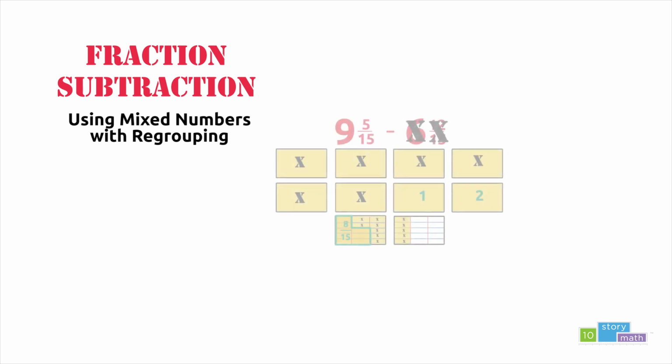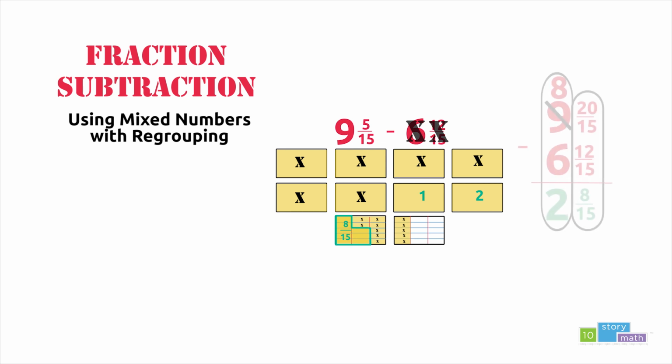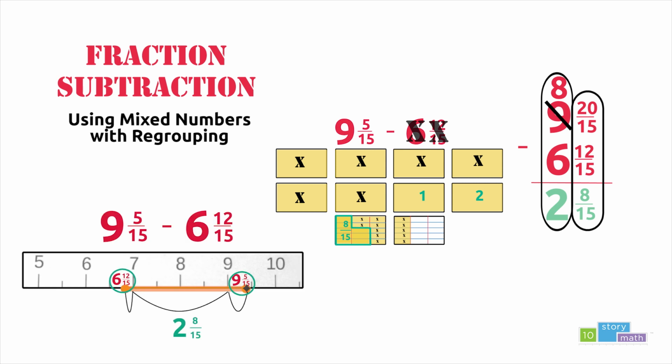In this video, we've reviewed a few different strategies to solve mixed number subtraction problems. They include drawing a model and using X's to cross off the parts that are being subtracted, using computation with borrowing strategies, and counting up on a number line. You'll notice that all 3 of these strategies ended in the same result, 2 and 8/15. Now it's your turn.